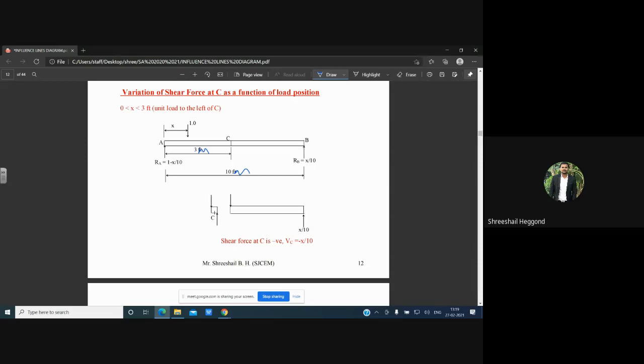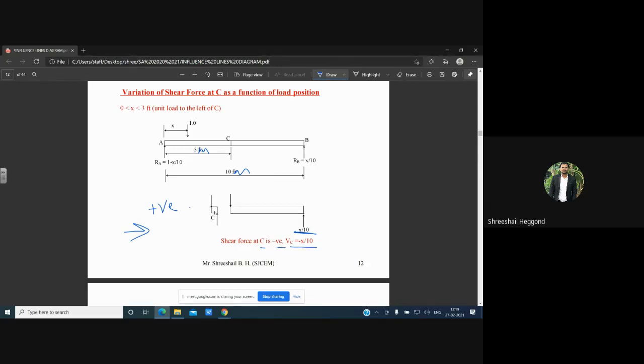If I am considering the right hand side, the reaction at RB is x divided by 10. This is known to us. The shear force at C is always negative if you are considering from RB. That is shear force at C equals minus x divided by 10. If you are considering from the left hand side, then it will be positive shear force.